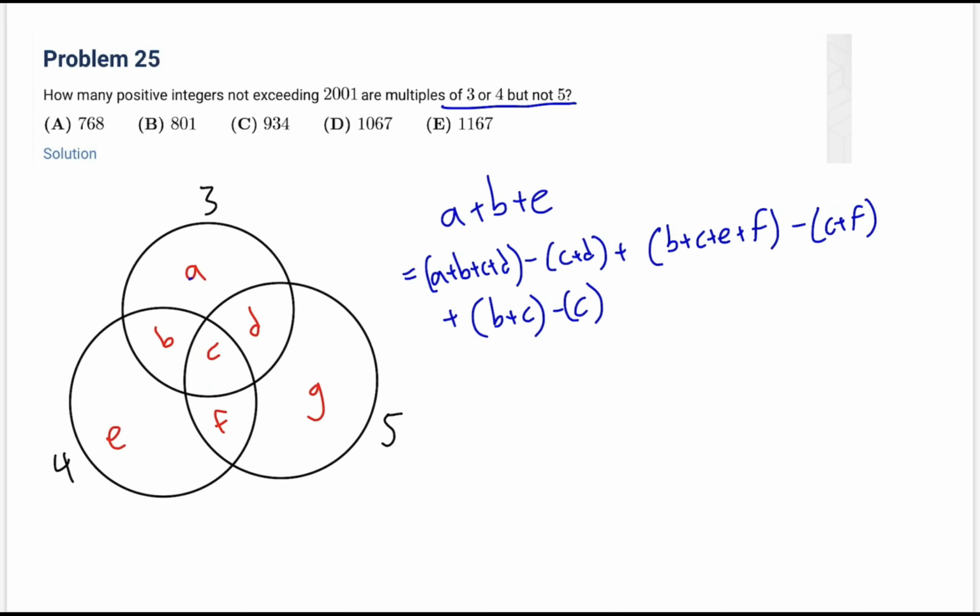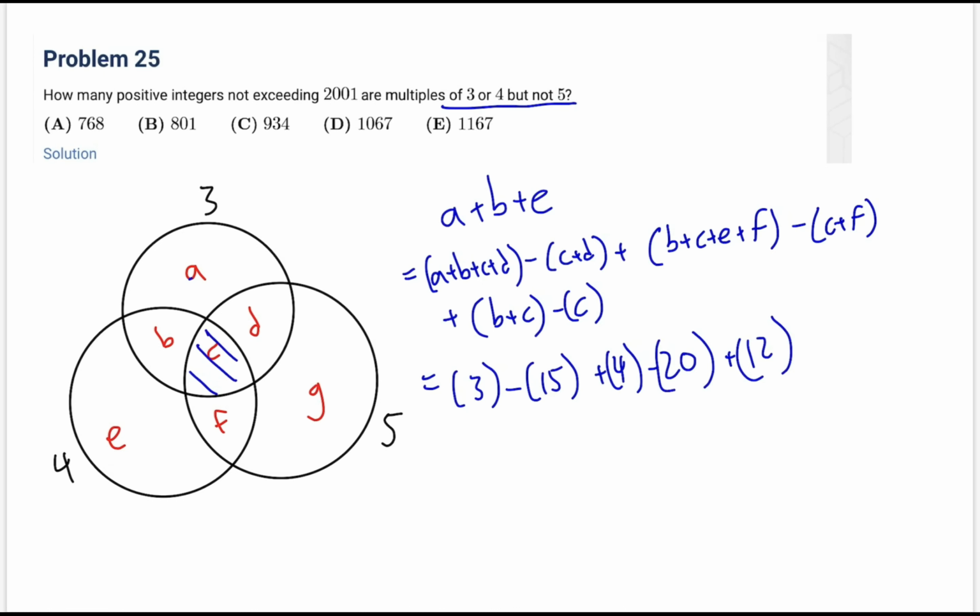So if we put it all into the words of multiples, A plus B plus C plus D, this is the multiples of 3, minus C plus D is 3 and 5, so it's 15. And then plus B, C, E, F, this is multiples of 4, and then minus C plus F, this is 4 and 5, so it's 20, and then plus B plus C is this much, so it's 3 and 4, so it's 12, minus C, this is 3, 4, and 5, so it's 60.